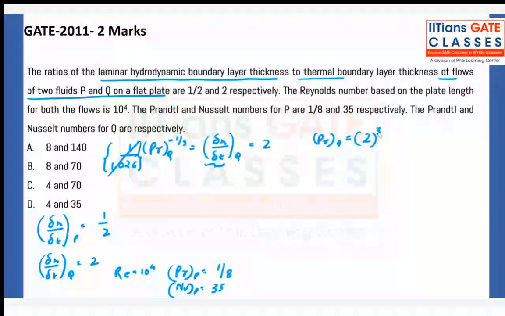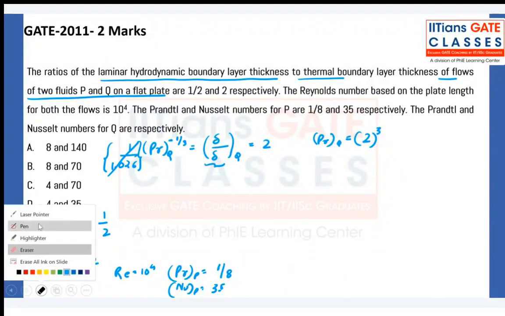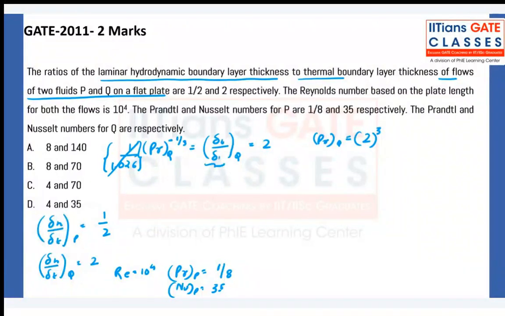Okay. Now, are we doing right? No. Yeah, there is a mistake. It is thermal by hydrodynamic. This was actually the relation. So it is equal to 1 by 2, it is not 2.